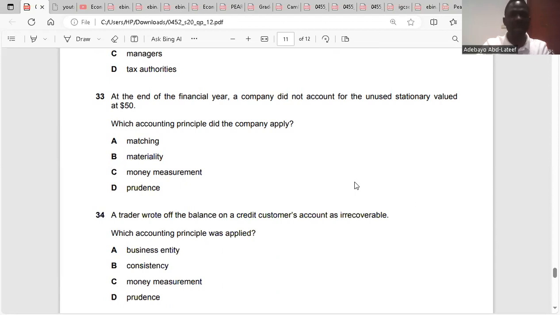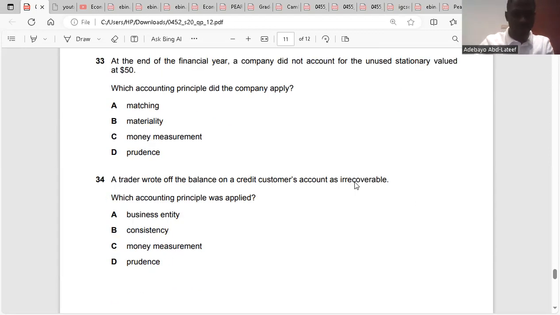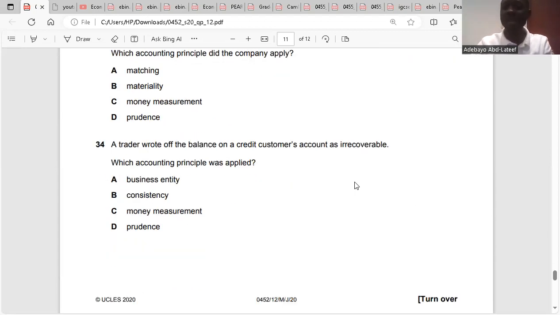33. At the end of the financial year, a company did not account for the unused stationery value at 50. That is the principle of materiality. You should only account for things that are used within the business. Is it clear? Question 34. A trader wrote off the balance on the credit customer's account as irrecoverable debt. Which accounting principle was applied?